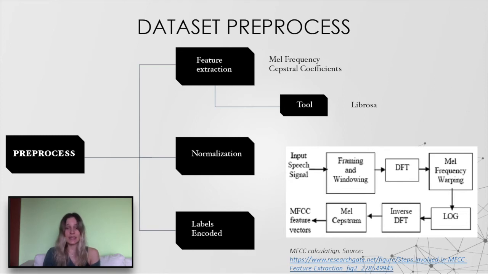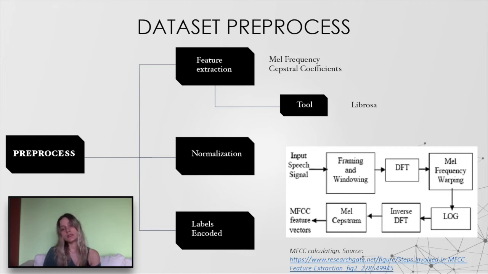As we have already said, we have extracted the MFCC features from the audio. We can see in the slide this image about the process of extraction of MFCC features, but there are libraries in Python which provide functions to extract MFCCs, spectrograms, filter banks.